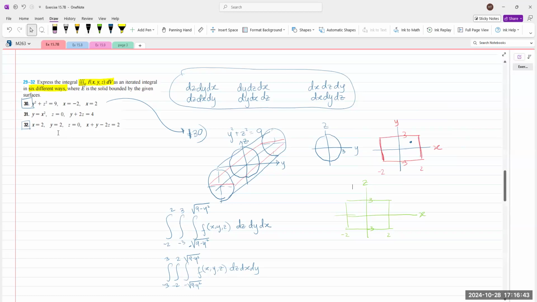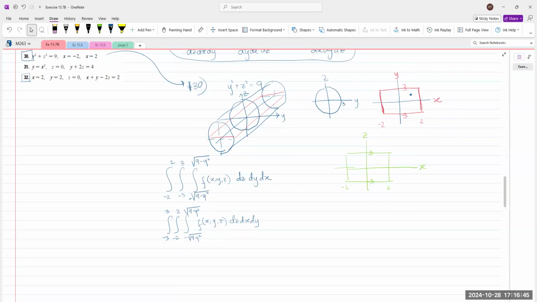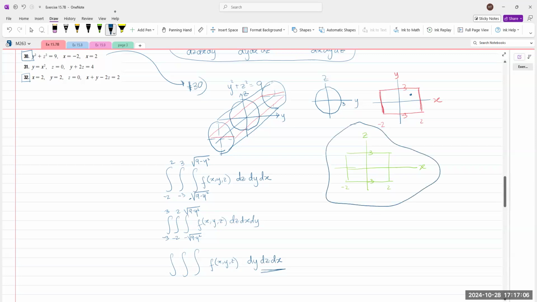Okay, let's move on. What if I want to do the triple integral of f x y z for dy dz dx? Notice that the outer two integrals are dz dx, which means I need to look at this projection here.